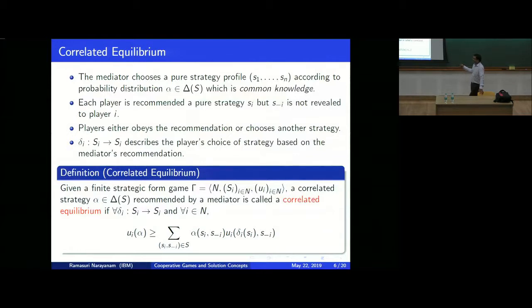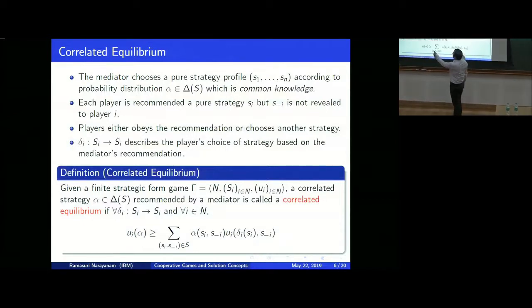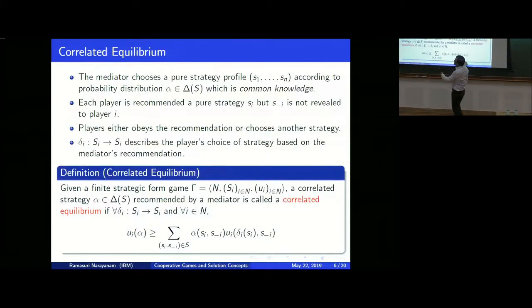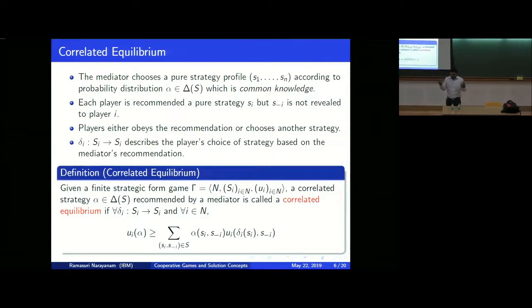N, Si, Ui, it's a three-tuple, which you must be familiar with by now. A correlated strategy alpha, which is a probability distribution over all possible pure strategy profiles of all the players, recommended by a mediator, is called a correlated equilibrium if for all possible functions delta i, which map the ith player's strategy set Si to Si, so players can either choose the strategy prescribed by the mediator or something else.